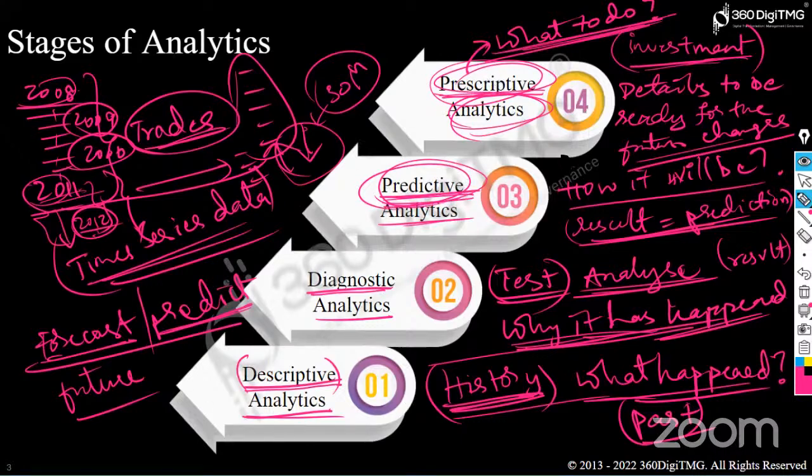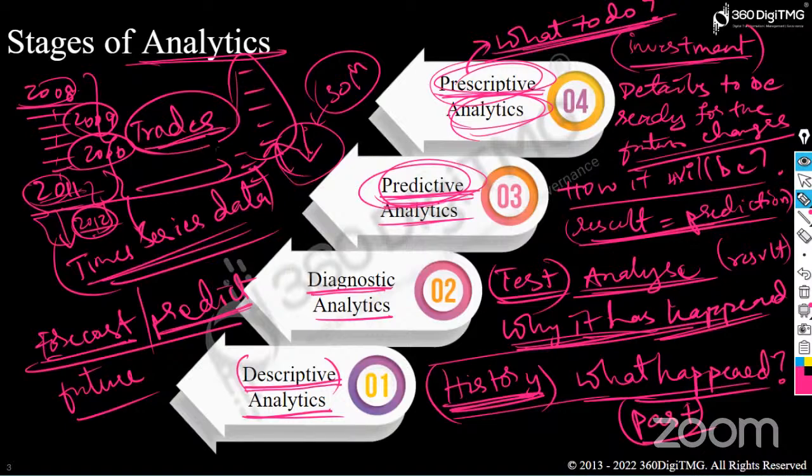So these four steps are important in any analytics, any domain analytics. Okay. So first we'll see what happened in the past. We'll test something and then we'll analyze why it has happened. We'll predict what will be the next and how it will be. And if you have any variations, you just need to be aware of what to do.